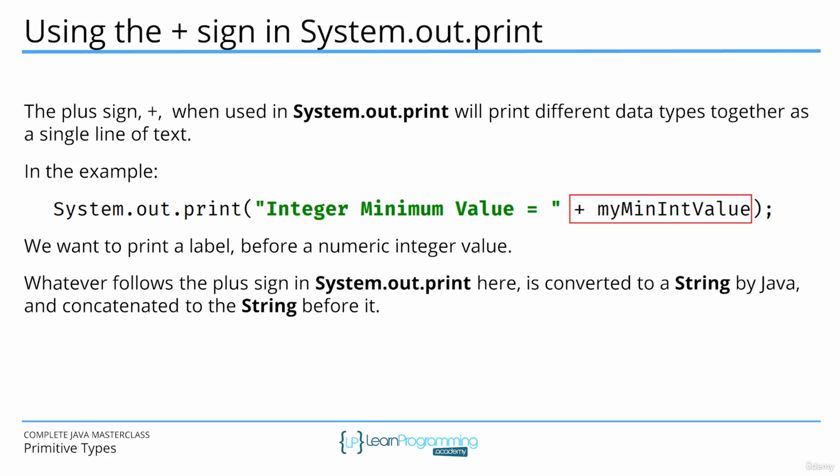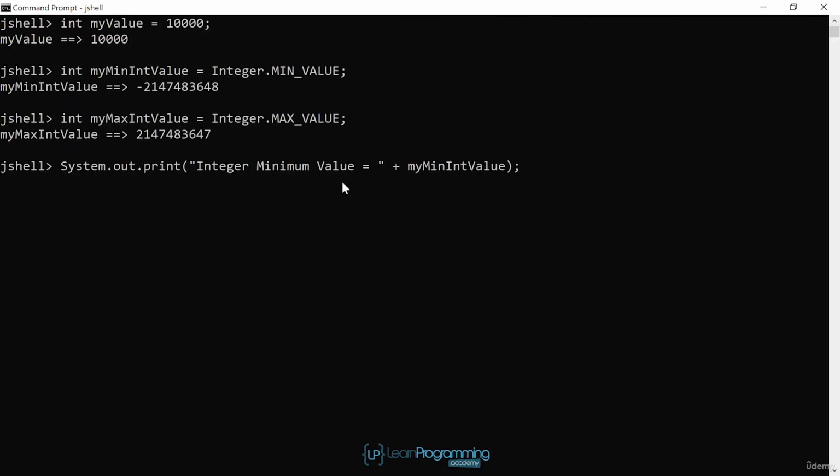Whatever follows the plus sign in System.out.print here is converted to a string by Java and concatenated to the string before it. This is perfectly valid syntax in Java, and pressing enter will print out a more informative message for our users. So it's a handy way to combine text with numeric output.